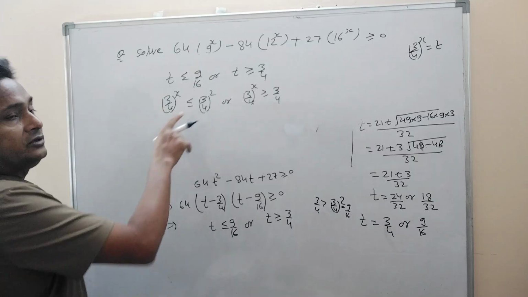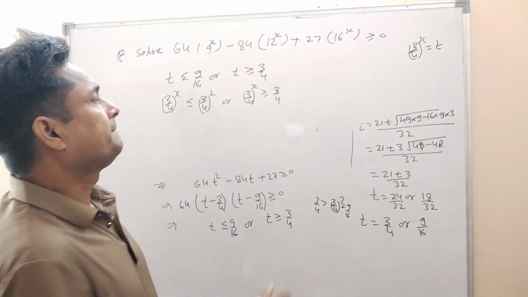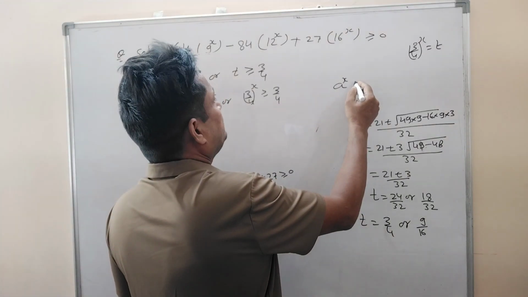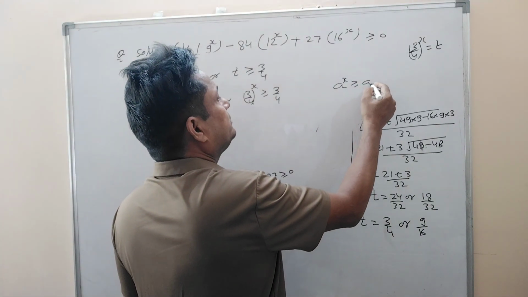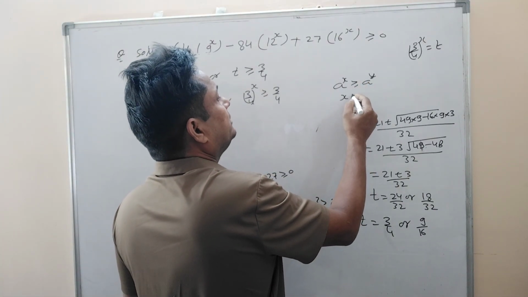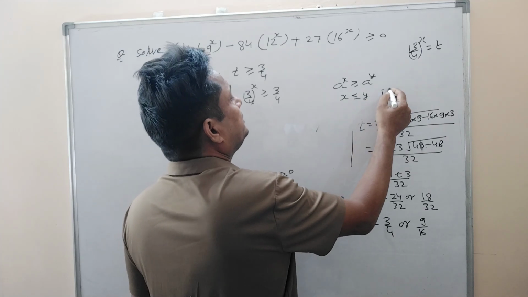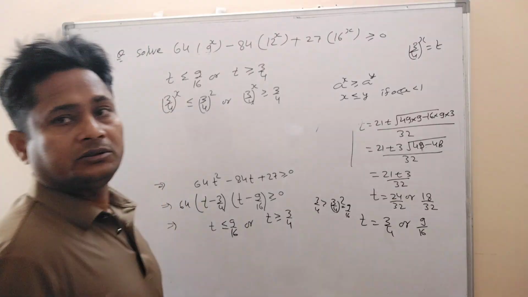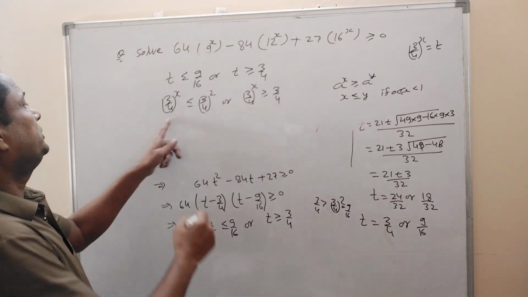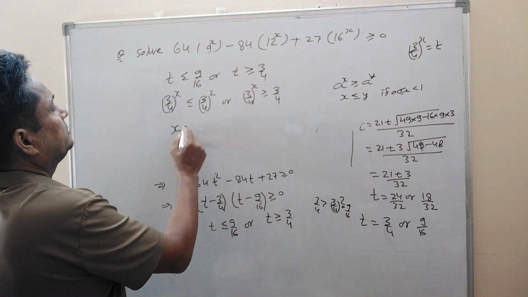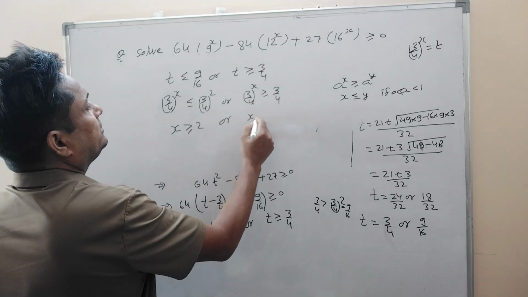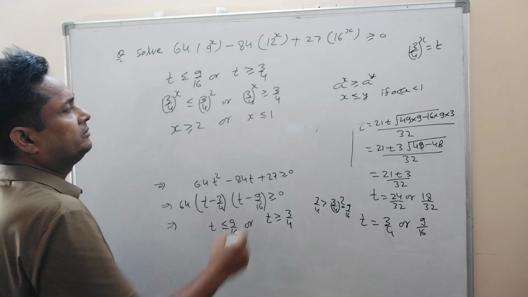Here the base is less than 1. I told you this property: if a to the power x is greater than or equal to a to the power y, then x will be less than or equal to y if the base lies between 0 and 1. So the solution of this one will be x greater than or equal to 2, or from here x less than or equal to 1.